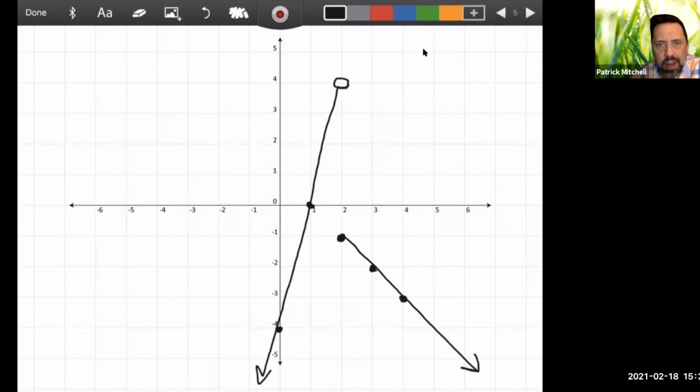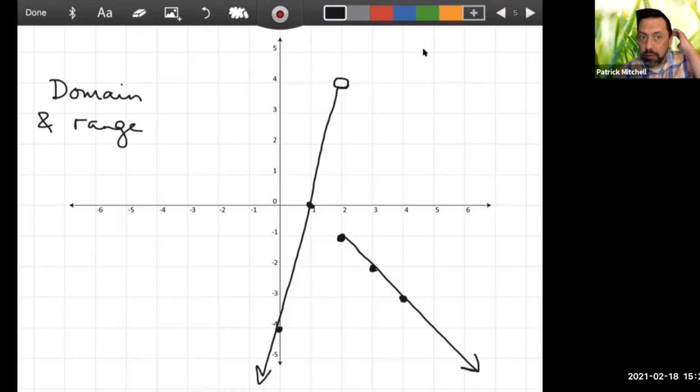So now let's talk about the other part of this question. It was asking me to find the domain and range from the graph, okay? So here's how I like to explain this. The domain is the set of all x values that are represented on this graph.